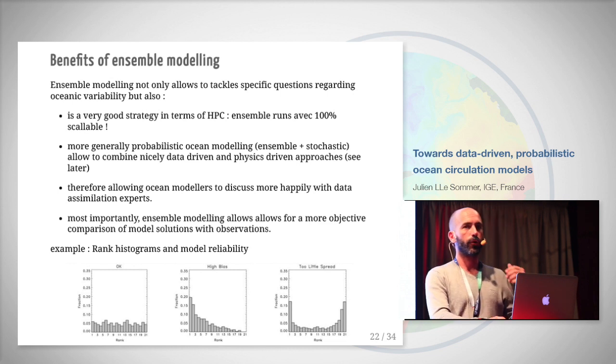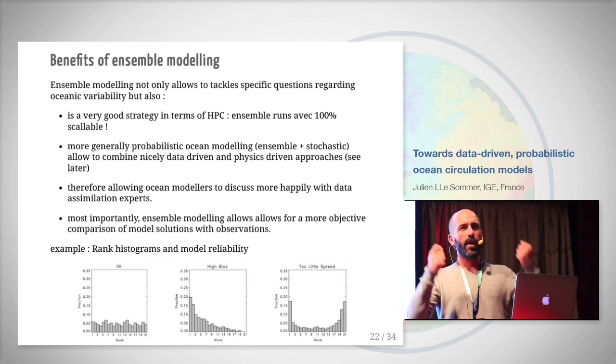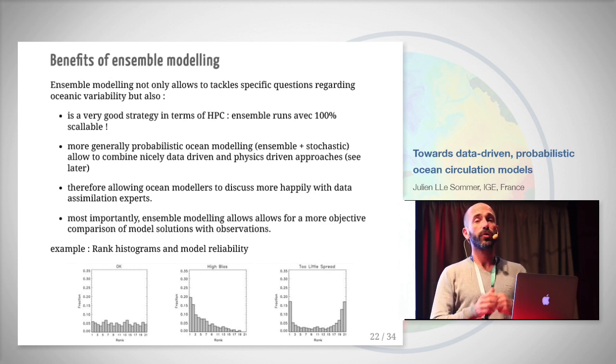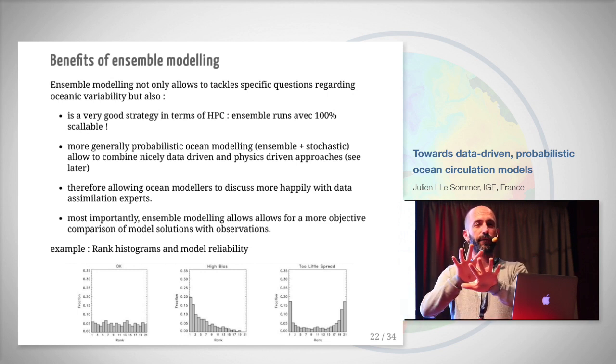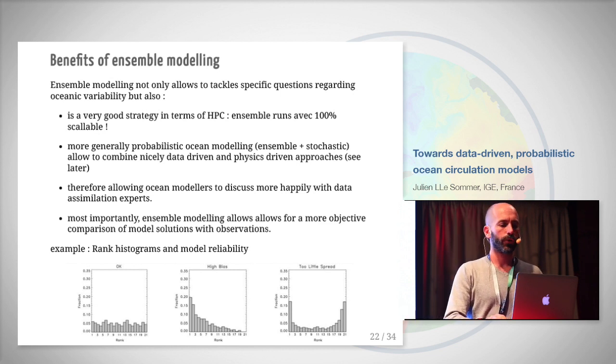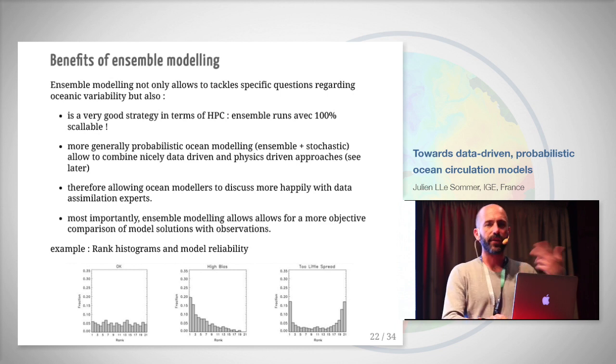And the most important from a scientific standpoint, I guess, is this idea that now that you're objectively accounting for the uncertainty, and knowing that your observations also have uncertainty, you can actually compare PDFs quite objectively. So there are a number of scores, and I'm sure that you all know those scores for the reliability of an ensemble.